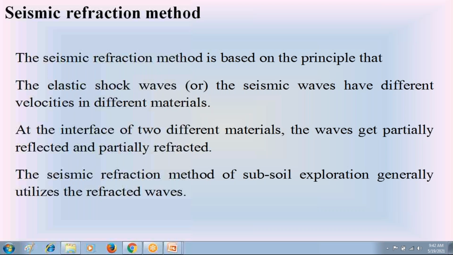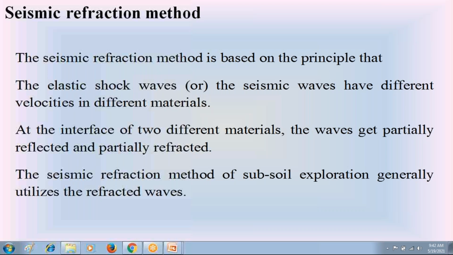Those seismic waves or shock waves travel inside the ground. When the seismic wave travels inside the ground, the velocity of the seismic wave at different soil layers is different, not the same. That is the first principle. The second principle is at the interface of two different soil layers. When the seismic wave is moving from one soil layer to another soil layer below the ground level, that seismic wave is subjected to reflection and also refraction at the interface.